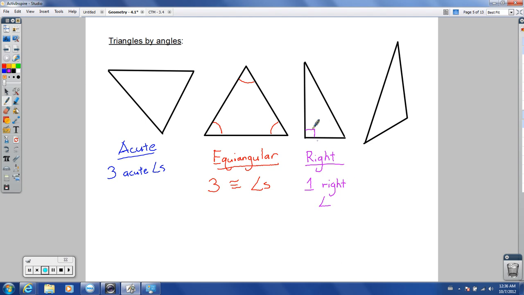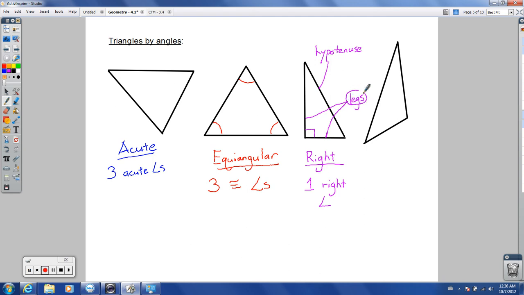There's one right angle. And then these sides have special names. This is called the hypotenuse. And it's spelled like that. So that's the hypotenuse. And then these two are called the legs.